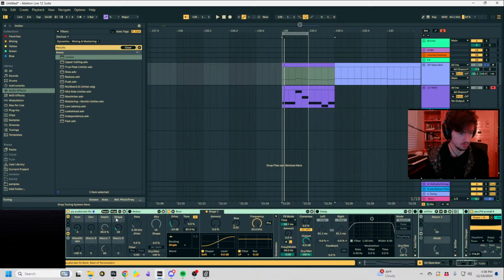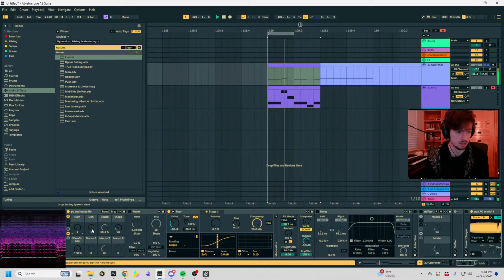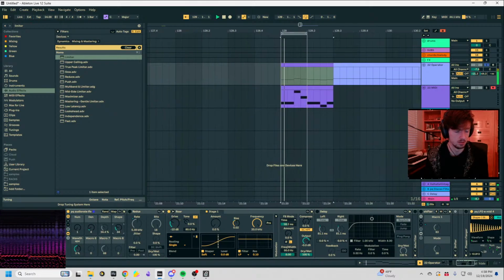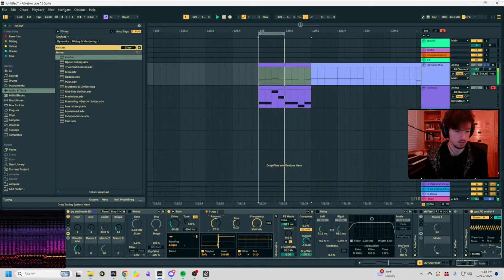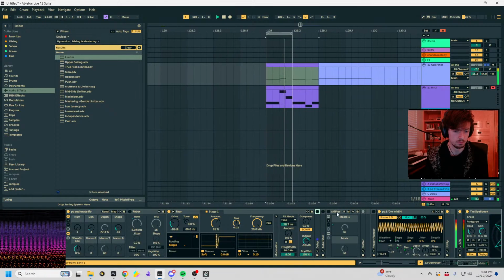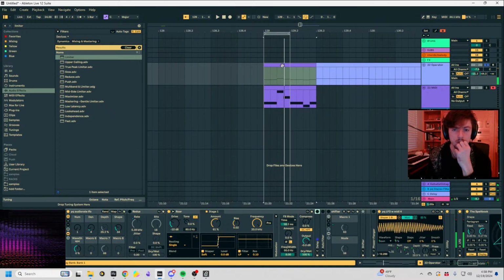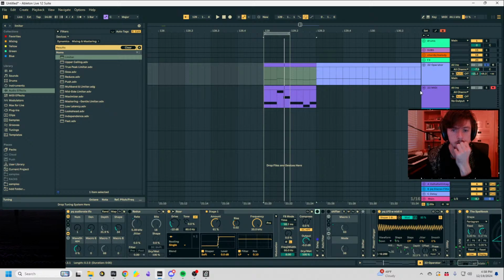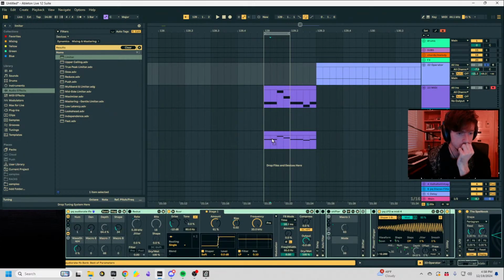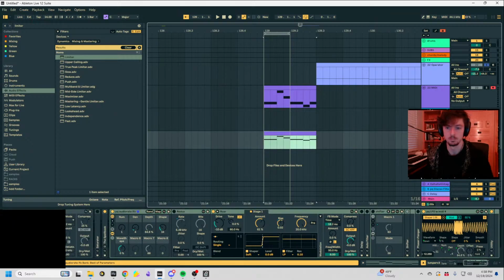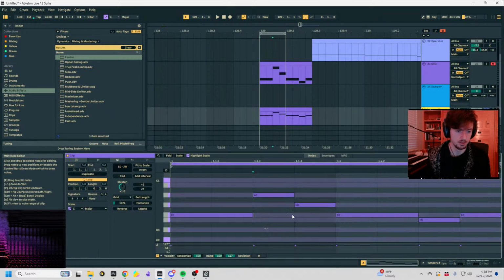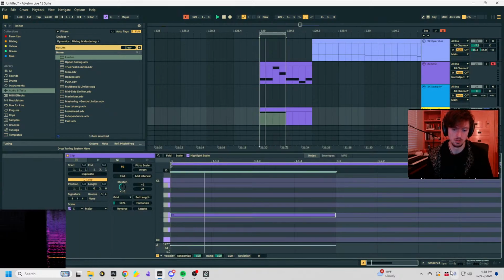We're over here. I was getting really cool effects earlier. We can put this on a better sounding bass again. And then that just sounds like shit overall.